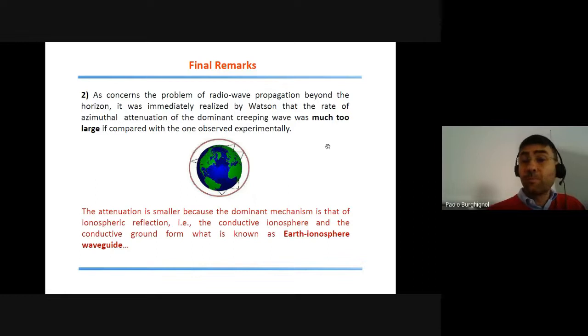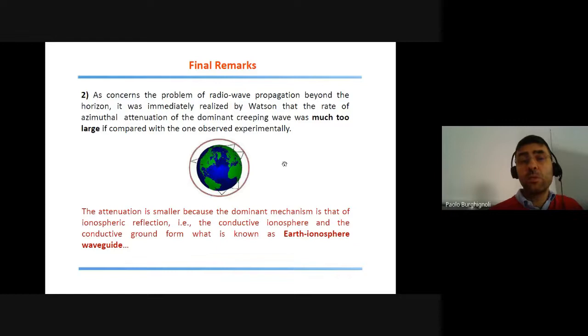So basically, the boundary conditions of the problem are different, and what happens is that the source, the transmitter, basically excites waves that are bouncing back and forth between the ionosphere and the Earth, and therefore the space, the spherical shell between the two layers, the Earth and the ionosphere, behaves as a waveguide.